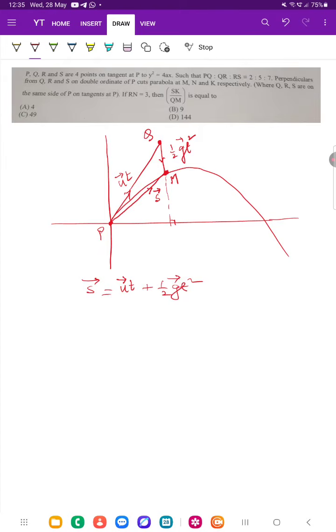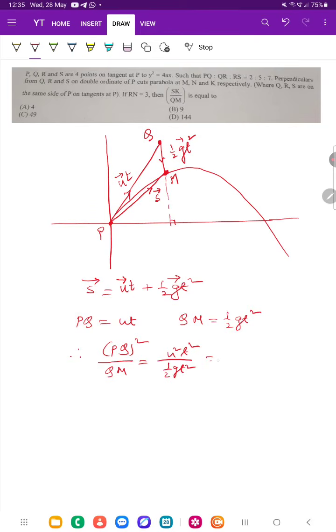Now I can easily tell that PQ length is equal to ut. I am writing only the magnitude, that's why I have not put the vector sign. And QM length is equal to half gt square. So PQ square upon QM will be u square t square upon half gt square, which gives the result 2u square upon g. Interestingly, this is a constant value, and this is true for any point taken on this tangent.